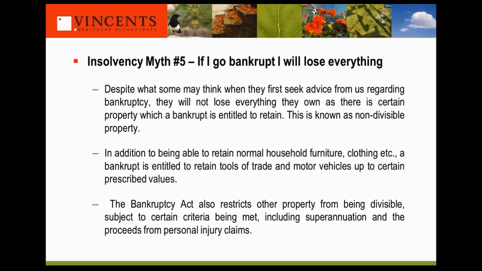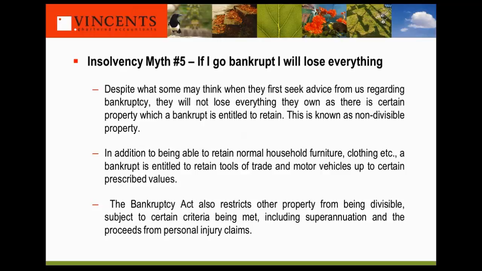And the same happens in the case of a motor vehicle. They can have a motor vehicle up to $7,500 at the moment. Anything over that, they tend to enter into payment arrangements with the bankruptcy trustee, in order to buy those assets back, or the equity in those assets.